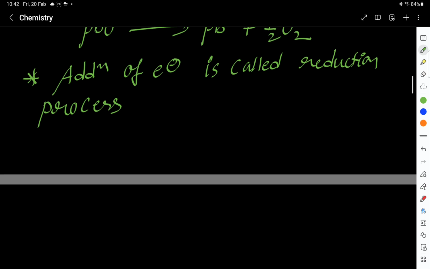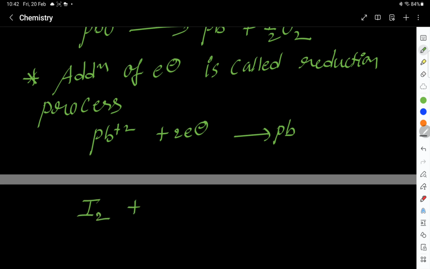In this one, for example, if I take Pb plus 2, when it is added by 2 electrons, it gives rise to Pb. If I take I2 and it is added by electrons, it gives rise to 2I minus.